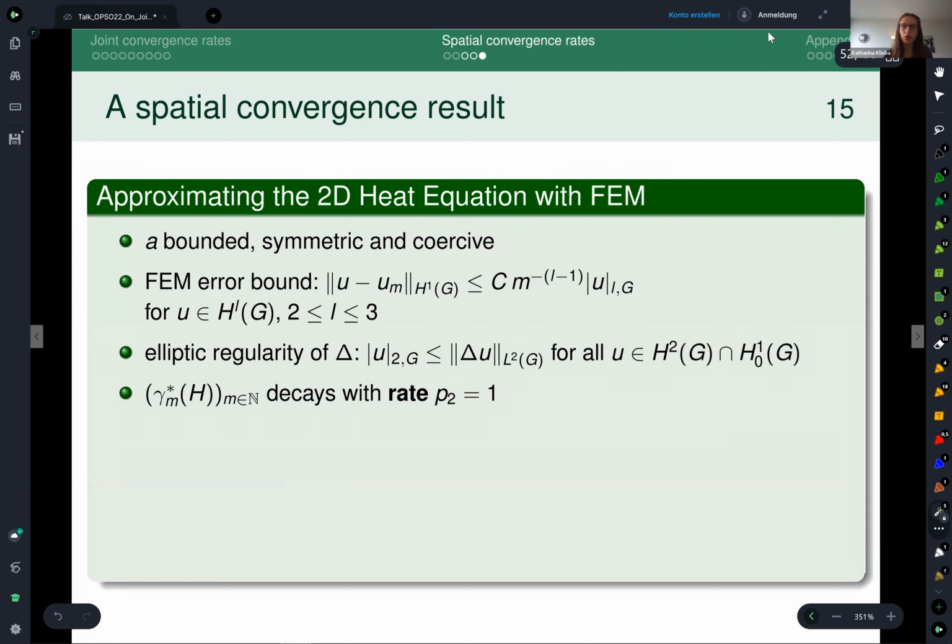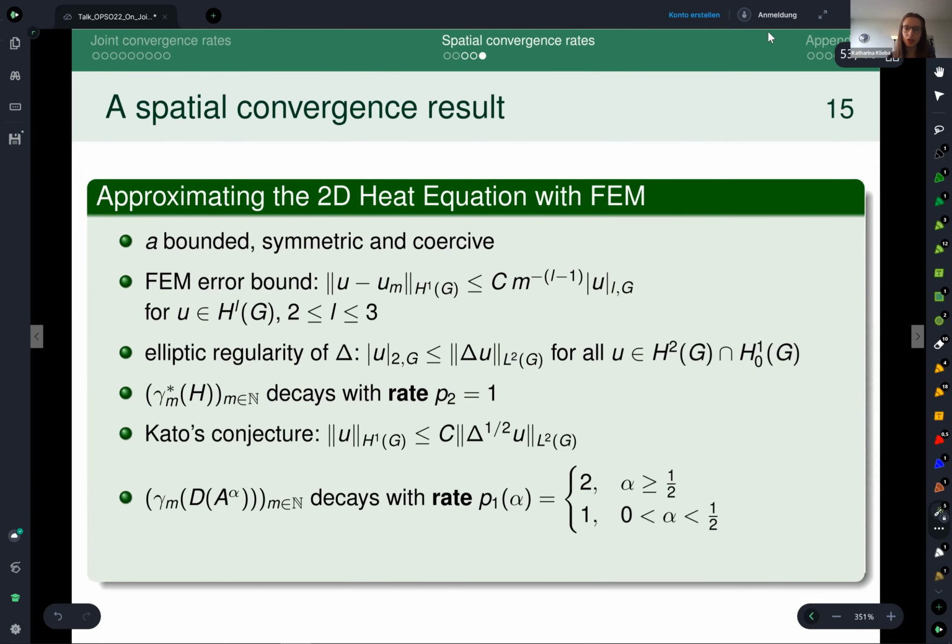So this is where the smoothness comes into play. And we also need elliptic regularity of omega of the Laplacian, meaning that we can control the mixed derivatives by the Laplacian. And combining these two, we obtain p2 equals 1, and also p1 depending on alpha.